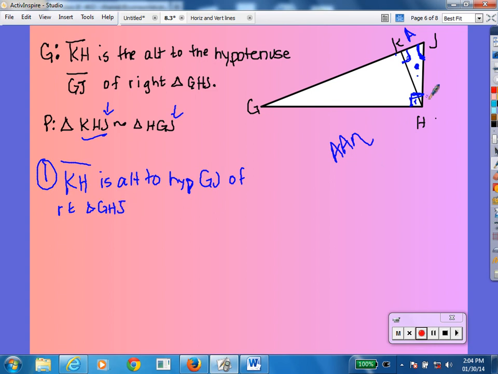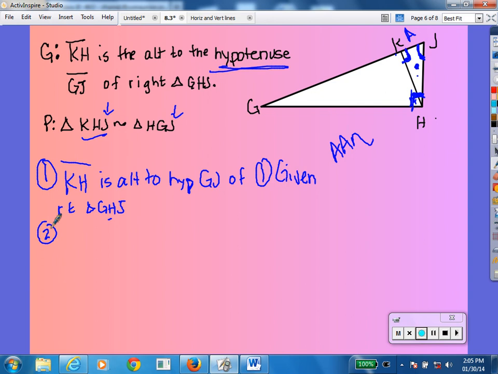Okay, H is where the right angle is, so that's that part. So that's our given. Where did we go from that? Well, we stated that we had a right angle right here, and then we need to state that this is a right angle down here, and that's going to come from this statement. So let's do the altitude first.